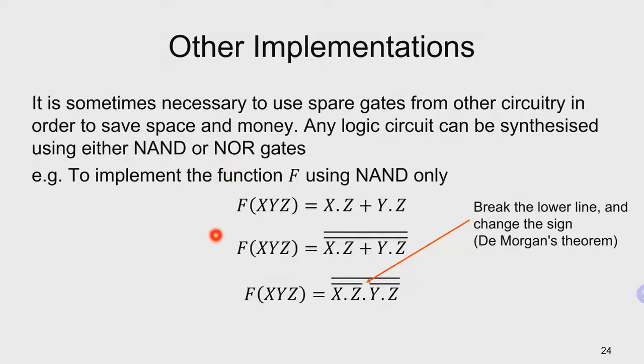To do that, we take our minimized functions and perform a double inverse of that function, and then apply De Morgan's theorem. So now here we have a NAND gate. Here is another NAND gate, and these two are NANDed together as well. So there are 3 NAND gates here to implement that function.